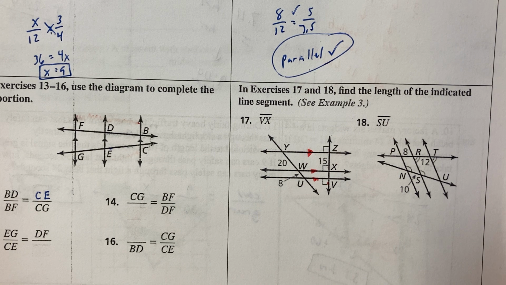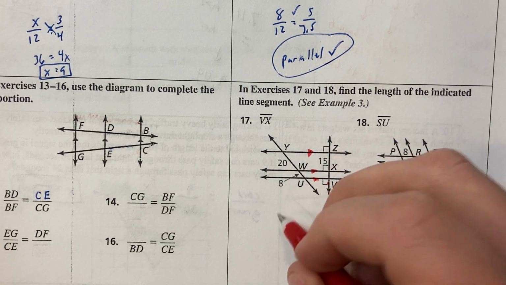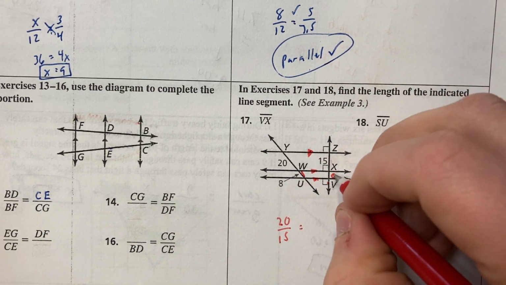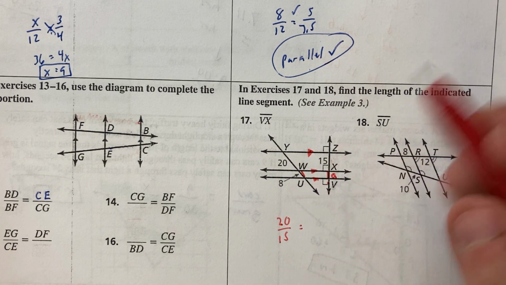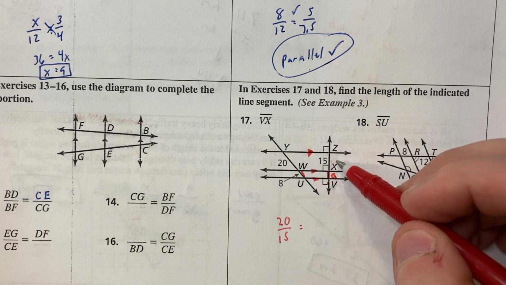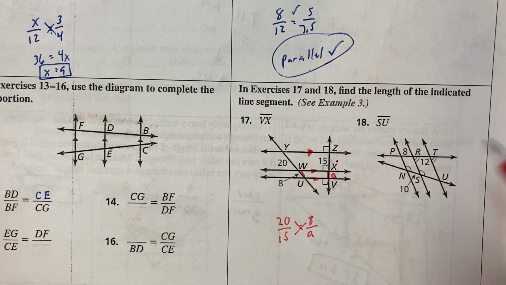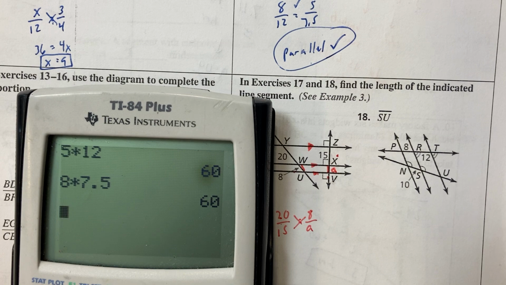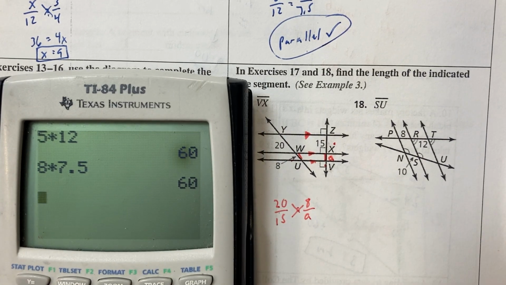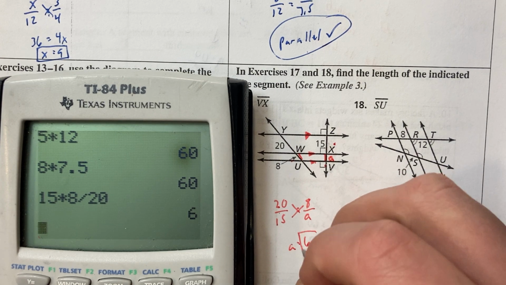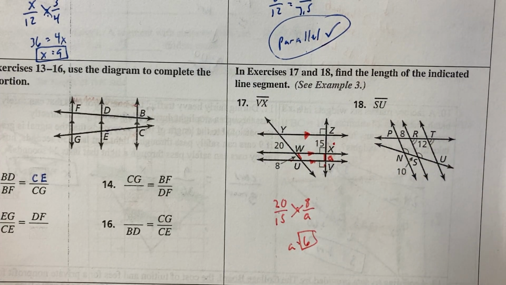So we can say 20 is to 15 as 8 is to, let's call that piece A. So 20 is to 15 as 8 is to A. Work that out. Cross multiply and divide. 15 times 8 divided by 20, it's 6.